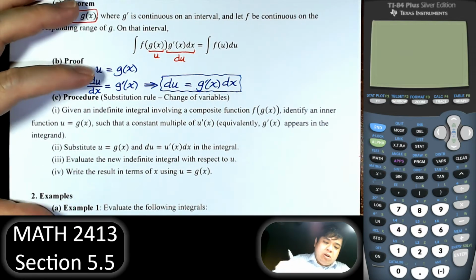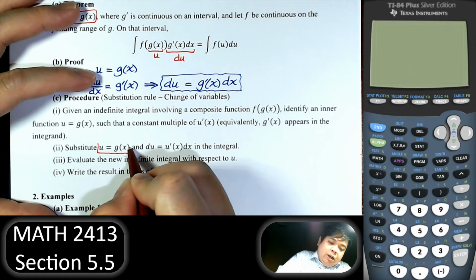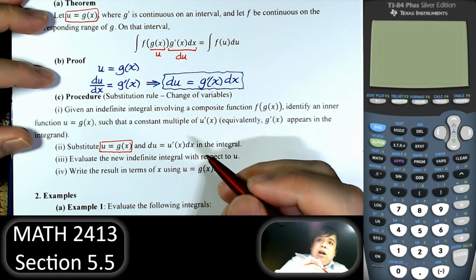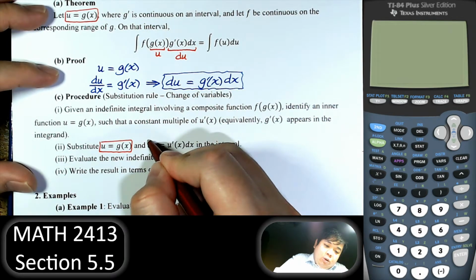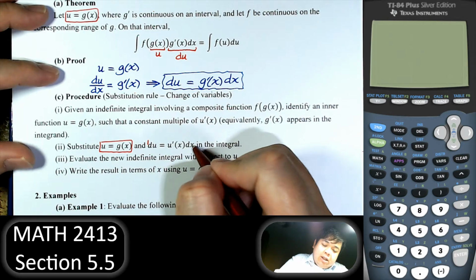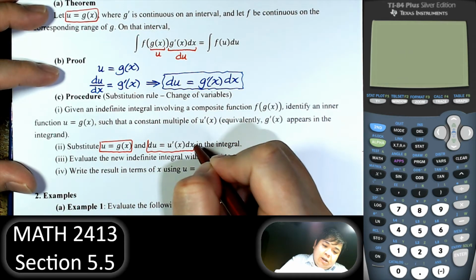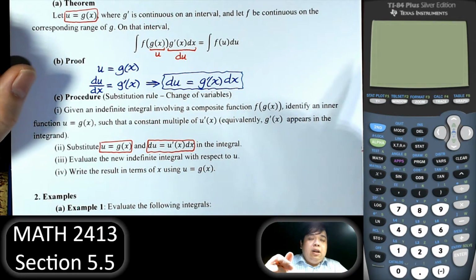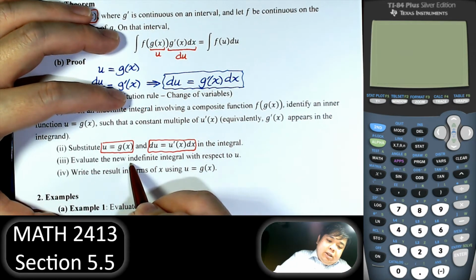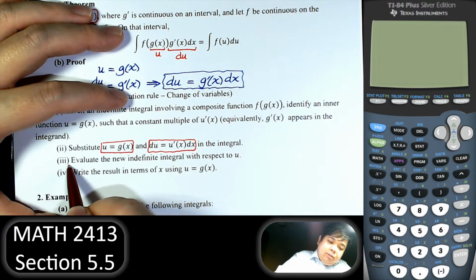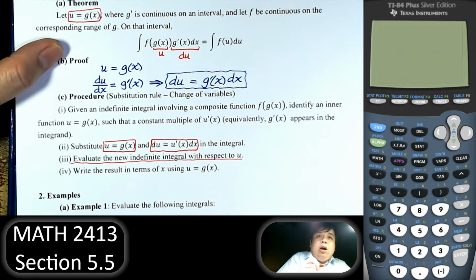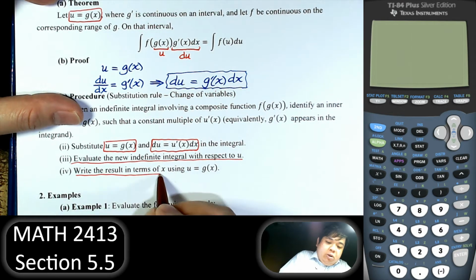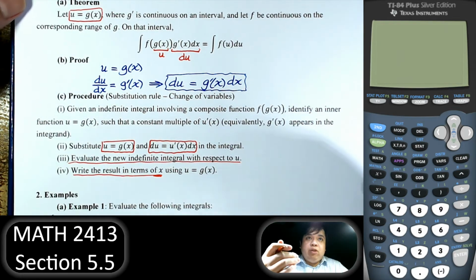So the most important step is knowing the substitution, what we let u equal to, and then after that we solve for du, and then we integrate in terms of u, and then must write the result in terms of x, because the original problem doesn't have u in it. Right.